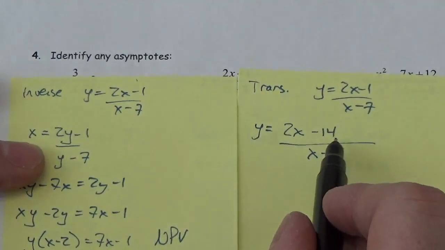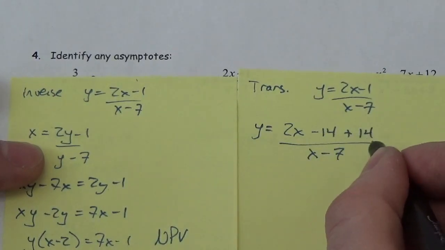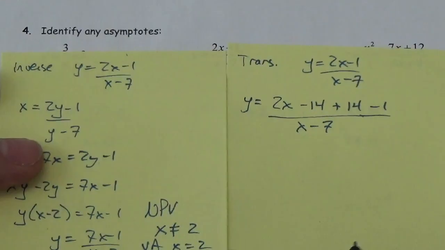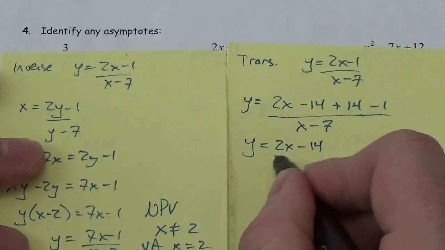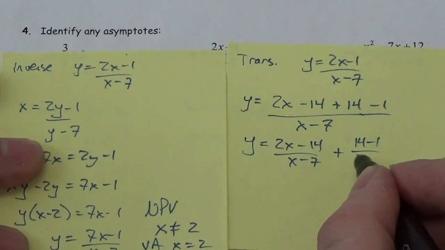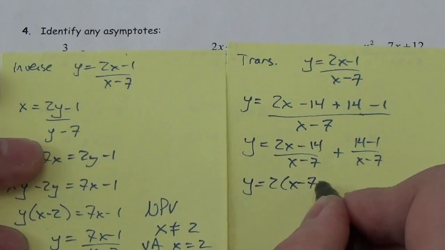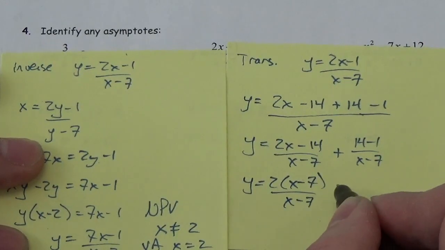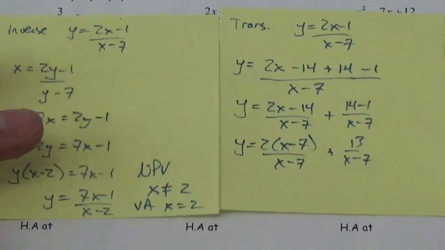Well, I can't just put a negative 14 there. I have to add 14 to cancel that out. And so then this becomes y equals 2x minus 14 over x minus 7, and then this is 14 minus 1 over x minus 7. Well, that's 2x minus 7 over x minus 7 plus 13 over x minus 7.